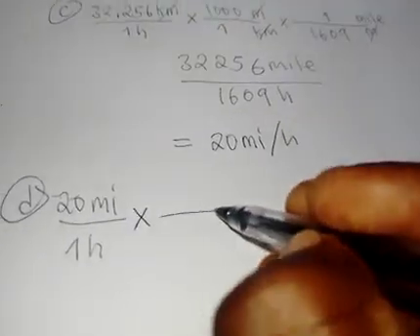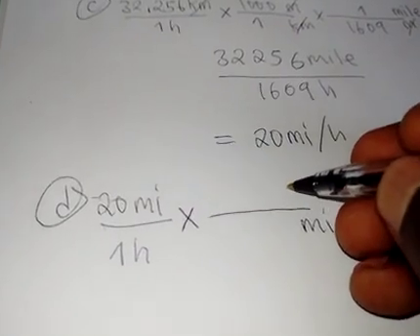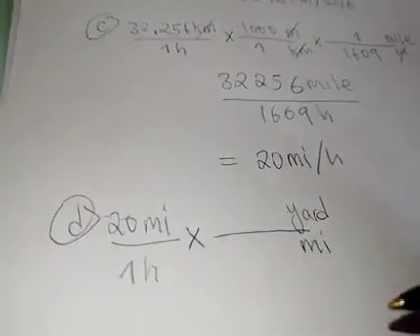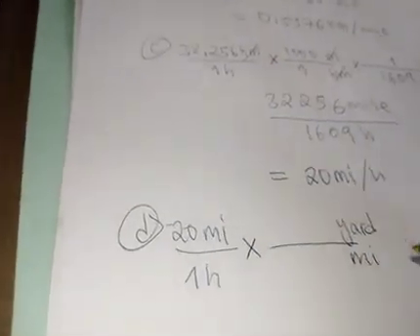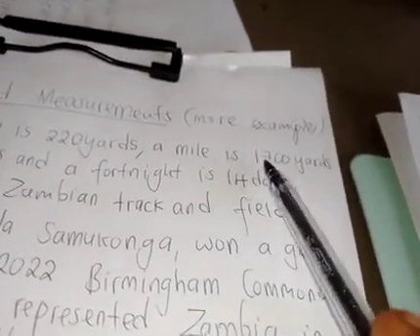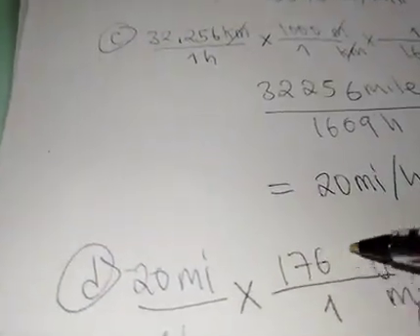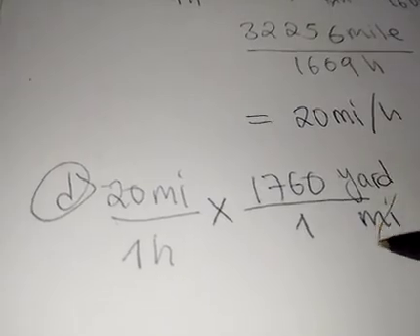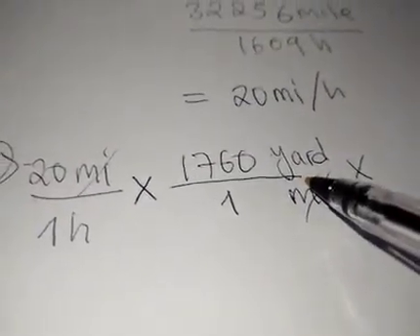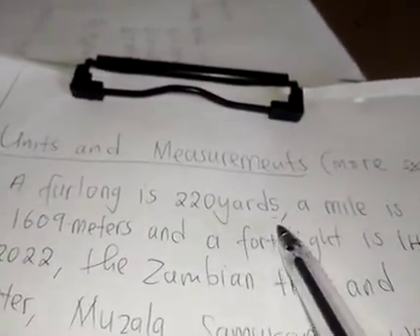A mile is 1760 yards, so we should get rid of miles there. So say mile, then you remain with yard on top. If you have 1 mile, according to the information given, it is 1760 yards. So mile and mile disappear. Then this yard should be converted to furlong. A furlong is 220 yards.